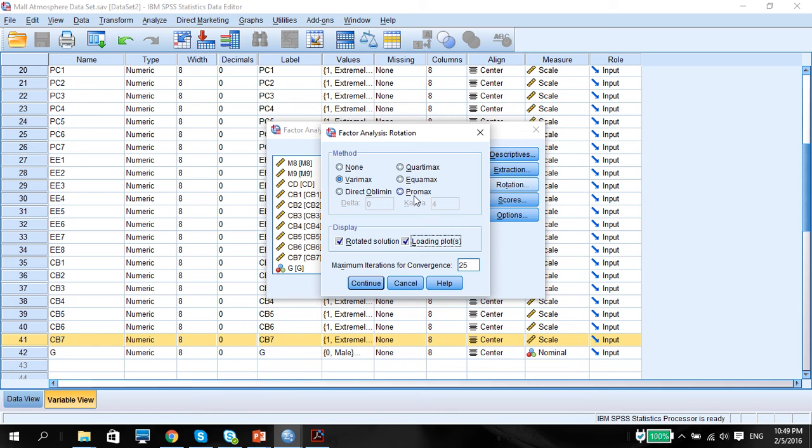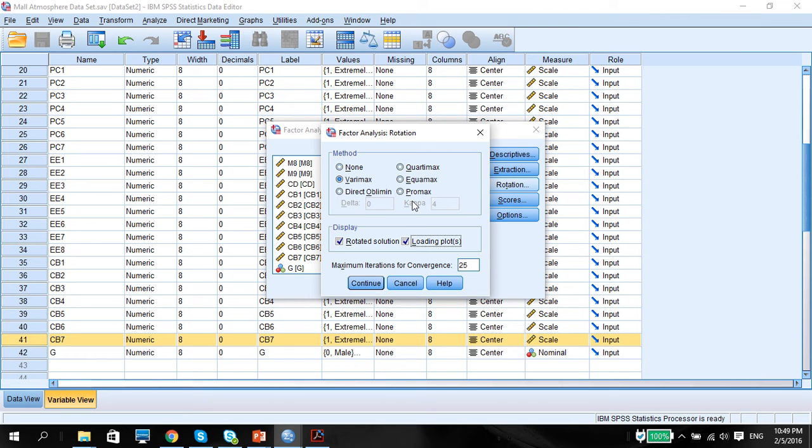But if I were to use an oblique rotation, which is direct oblique and promax, I will assume that my variables are highly correlated, and when I rotate, it will give me a much better definition of what my factors are. But the problem is, it will be a little bit more difficult for me to define what those factors are.